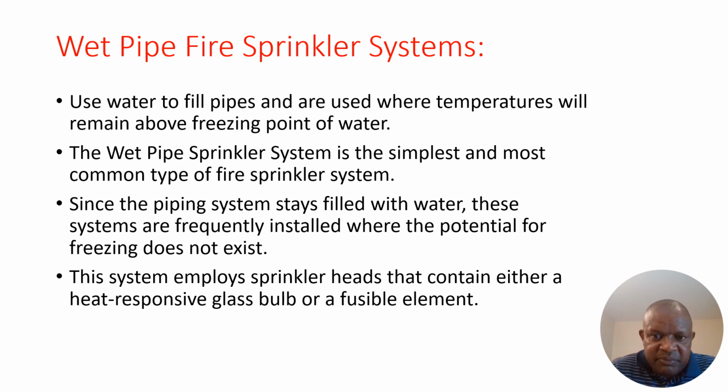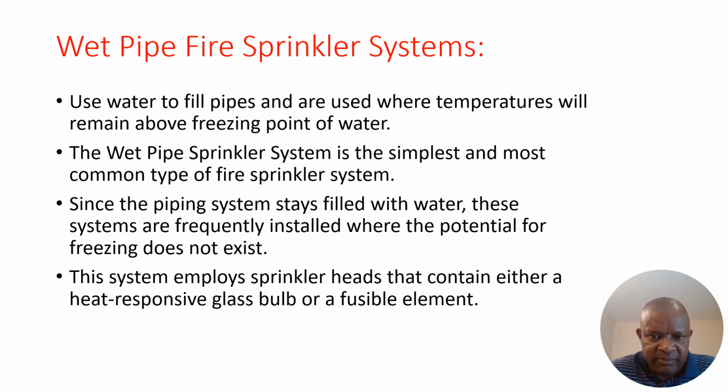The wet pipe sprinkler system is the simplest and most common type of fire sprinkler system. Since the piping system stays filled with water, these systems are frequently installed where the potential for freezing does not exist.